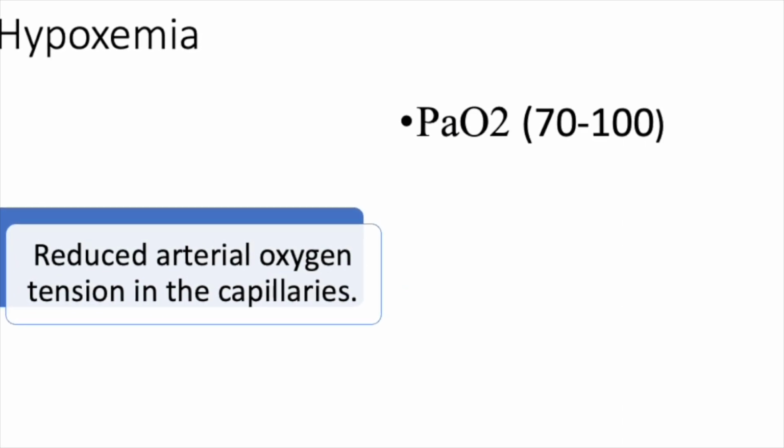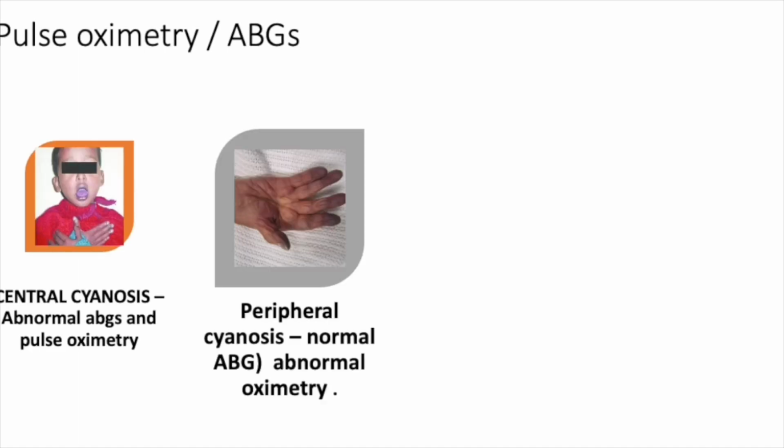So regarding hypoxemia, hypoxemia means the oxygen tension in the blood is decreased and is analyzed by the ABG. So regarding pulse oximetry and ABGs in cyanosis, in central cyanosis both are abnormal. That is, pulse oximetry and ABG will be abnormal in central cyanosis.